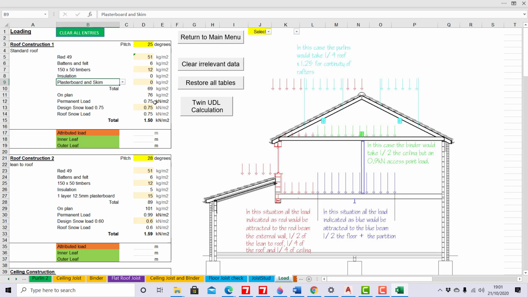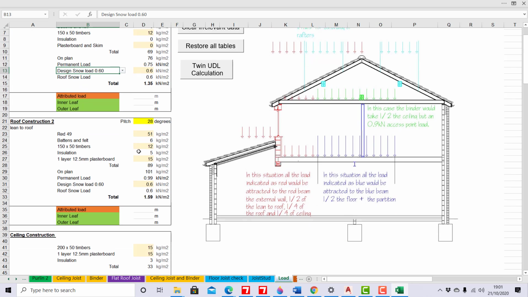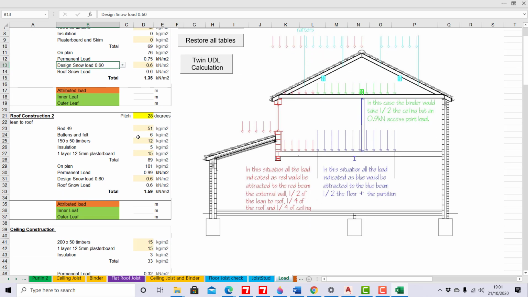Obviously that multiplies up by gravity, 9.81. Acceleration due to gravity gives a permanent load of 0.75 kilonewtons a square meter. I said the design snow load is 0.75. That's old school, really. It should be 0.6. And there we go. So there's the roofing. Like I said, there's no second roof on it, so we don't have to worry about that.